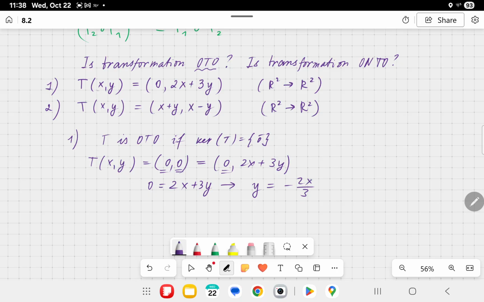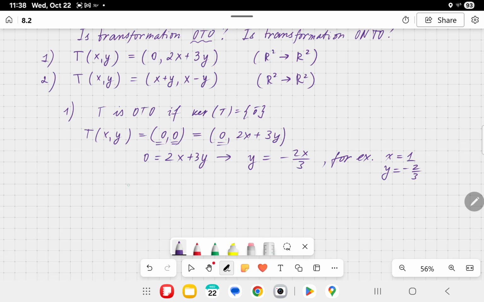For a given x, you are going to get a y. For example, let's use x equals 1, then y is going to be minus 2 over 3. And this vector (1, minus 2 over 3) belongs to the kernel of T, because if you apply the formula to it, it's going to be transformed into the 0, 0 vector.